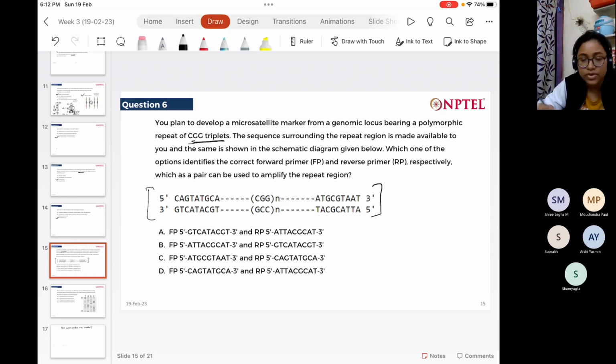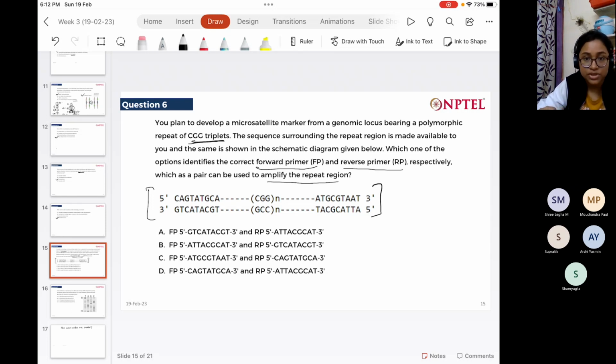The 5' and 3' ends are both given, and we have to identify which of the following is the correct forward primer and reverse primer respectively, which can be used to amplify the repeat region. So you have to identify among these four options which of these you can use for amplifying this sequence.